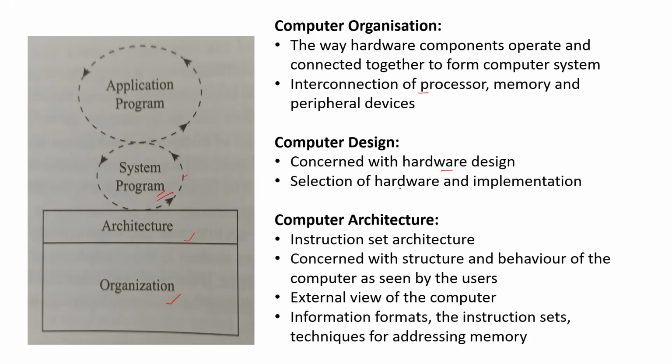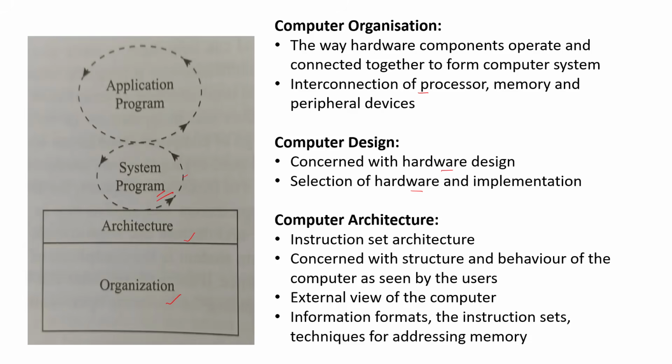Suppose, for example, some people nowadays have interior design: how it will look, how the drawing room should be. All this is design, and selection of the hardware and implementation comes under computer design. Whereas computer architecture is basically about the instruction set and structured behavior of the computer, how users are going to interact.